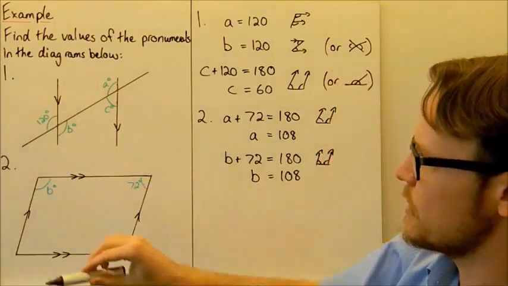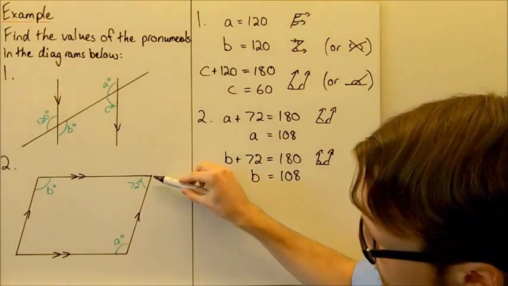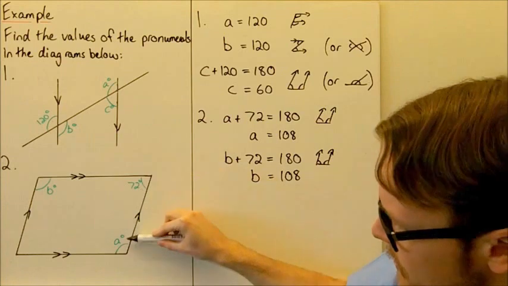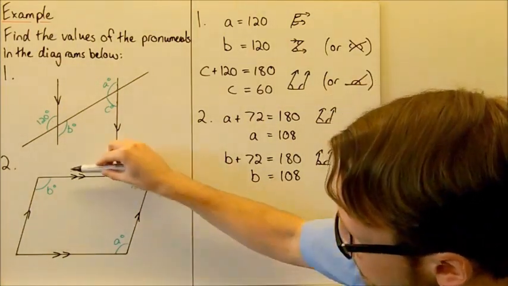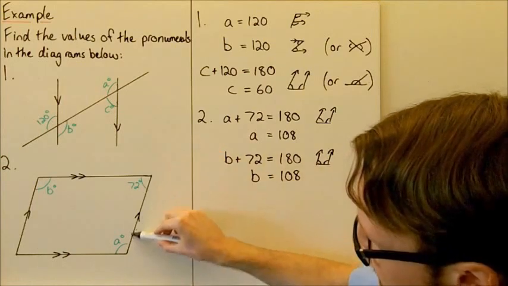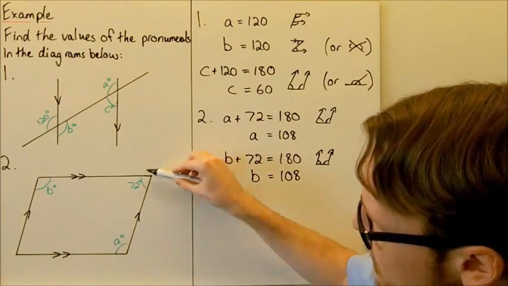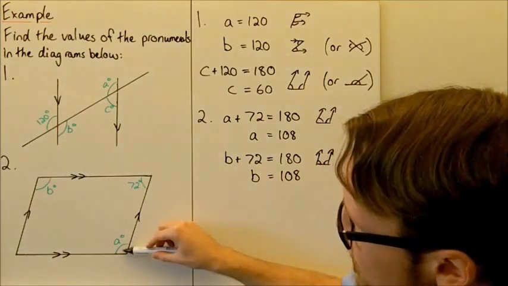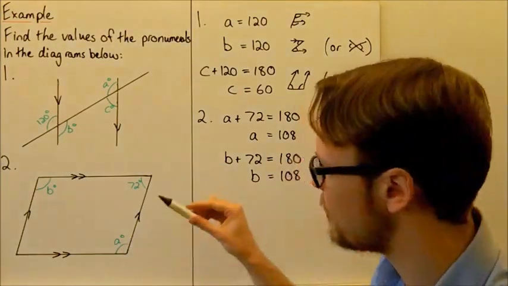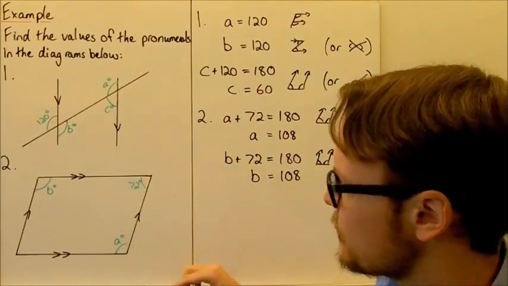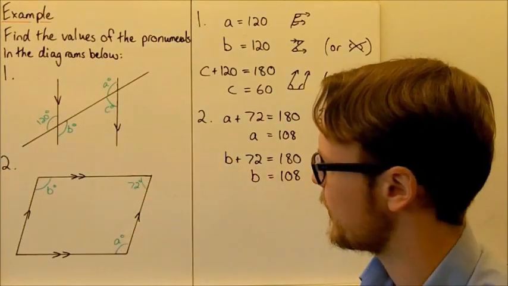For our second example here, if we're looking at A and 72 degrees and their relationship to each other, if we're thinking about these two parallel lines here, this line here is acting as the transversal, cutting those two parallel lines. Because it's cutting those two parallel lines, we can see they're co-interior. They're both on the same side of the transversal, in between the two parallel lines.